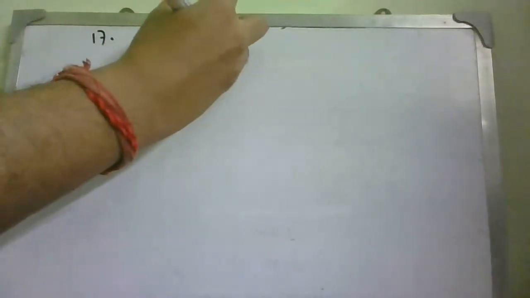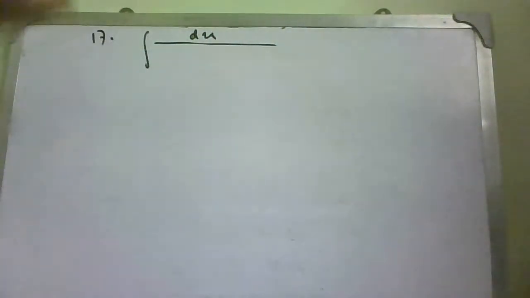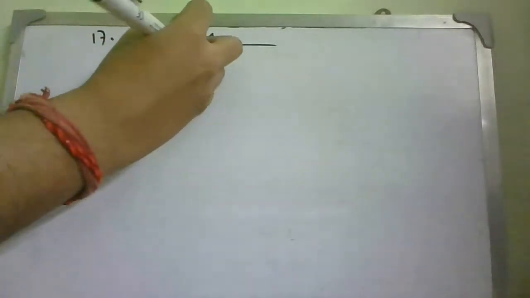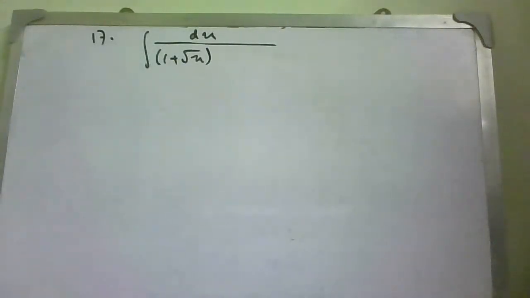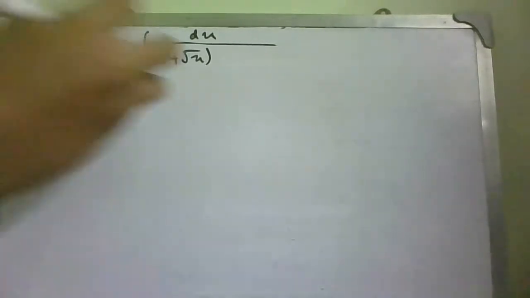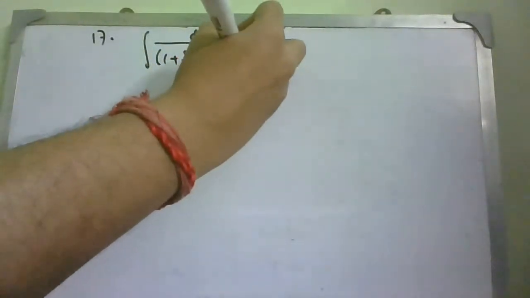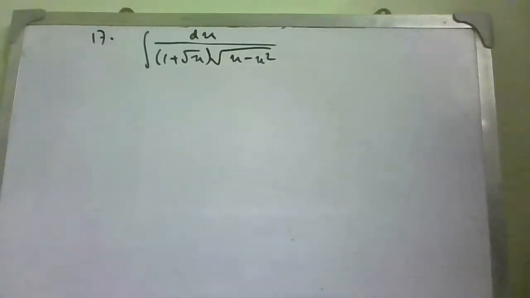Integral dx over 1 plus root x, times root over of x minus x squared. Okay, so what can we do here?